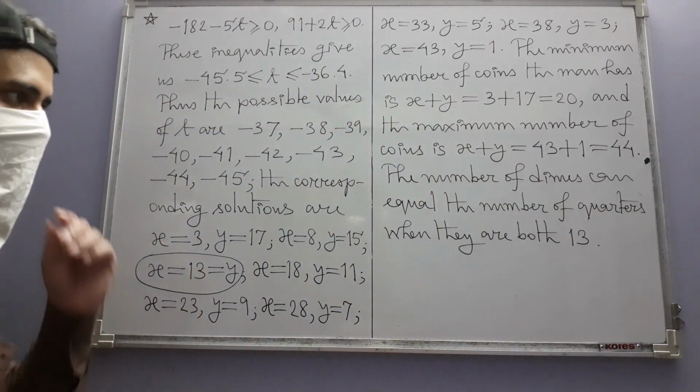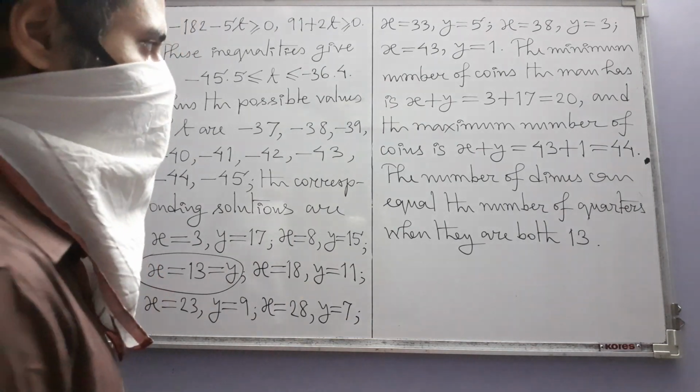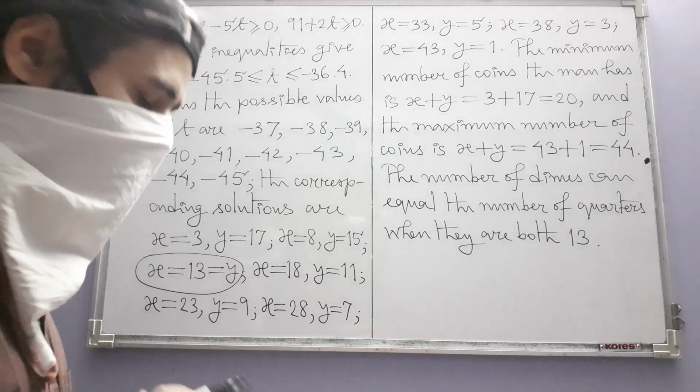So the man can have 13 quarters and 13 dimes. Then also he has $4.55. So that is part A.